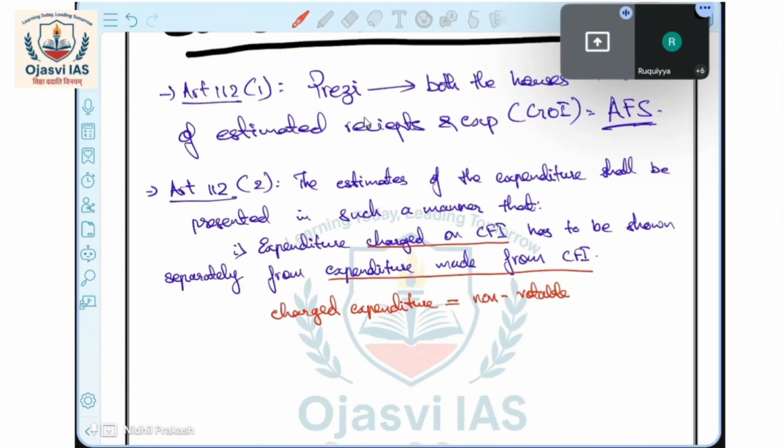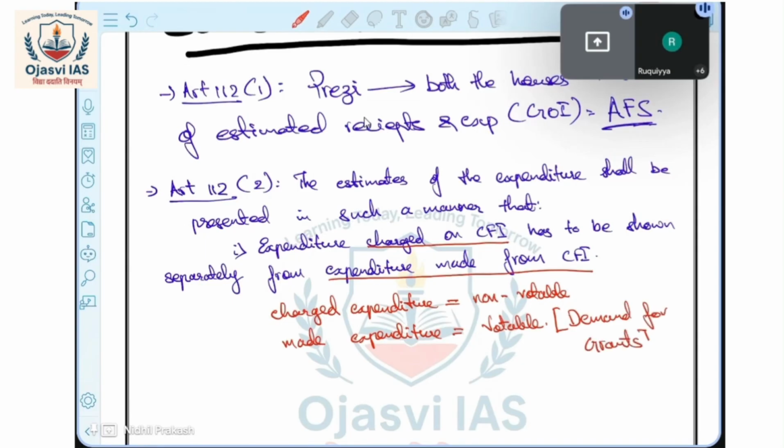And then expenditure made, what will be made expenditure? It is votable. Sir, the allocation in the budget, that this much money will go here. You can call it demand for grants.